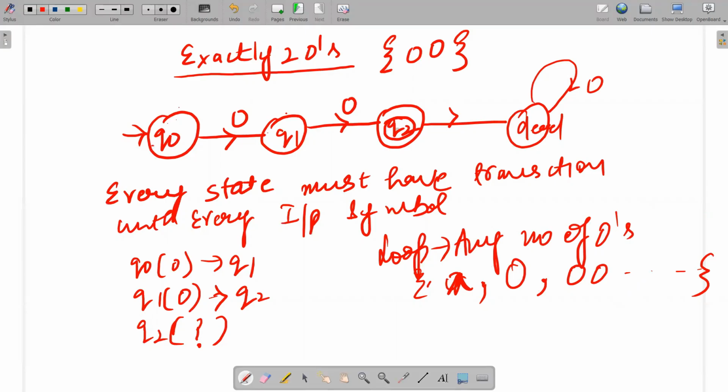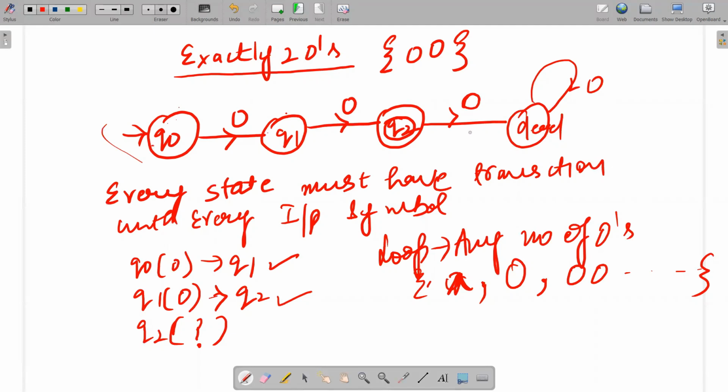But let me tell you what a dead state is. Over here, Q0 was having one outgoing transition to Q1, right? Q1 was having an outgoing transition to Q2, but Q2 did not have any outgoing transition with 0. So I will put 0 over here, and 0 over here.